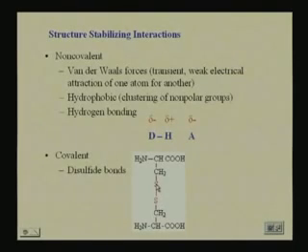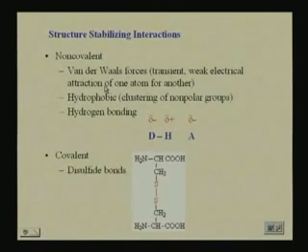Now these can be very far apart in the structure and bring the polypeptide chain close to one another. So we would have a structure stabilizing interaction in the form of a covalent bond, in the form of disulfide bonds of cysteine residues. What are the other cases? The van der Waals forces that are weak electrical interactions.